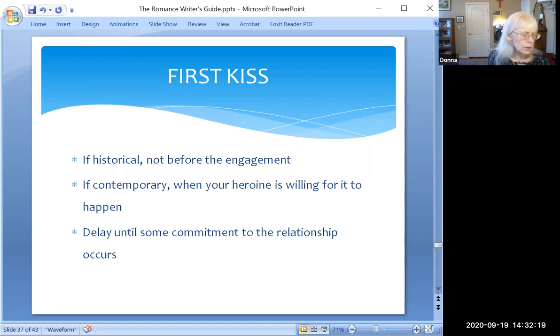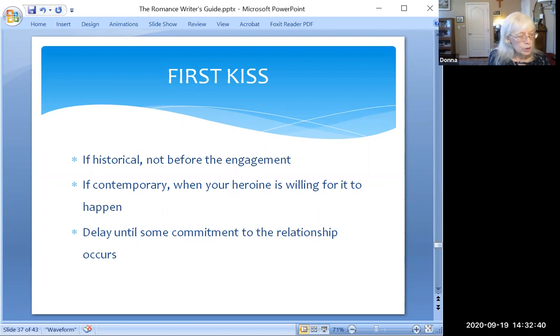In historical eras, going back into the very early 1900s and into the Victorian era, kissing was simply not done unless you were engaged to the person. So you have to be aware of that if you're going to move into those historical eras.